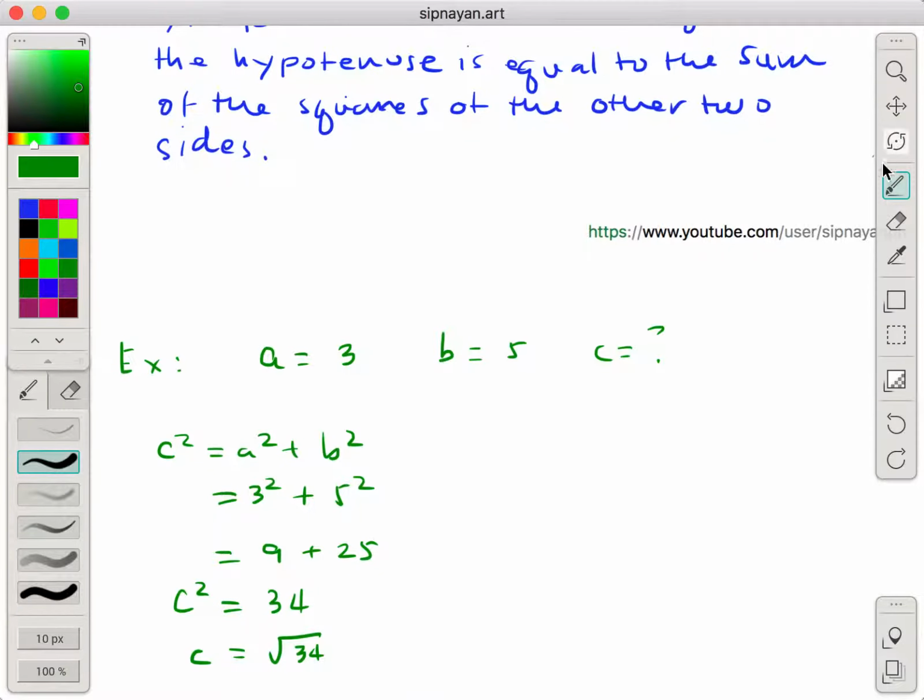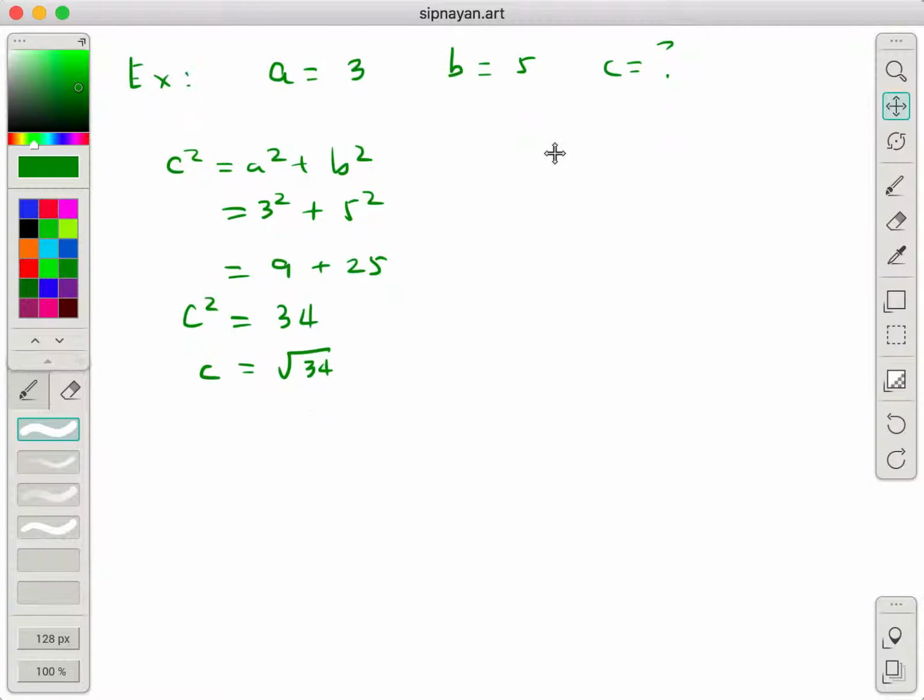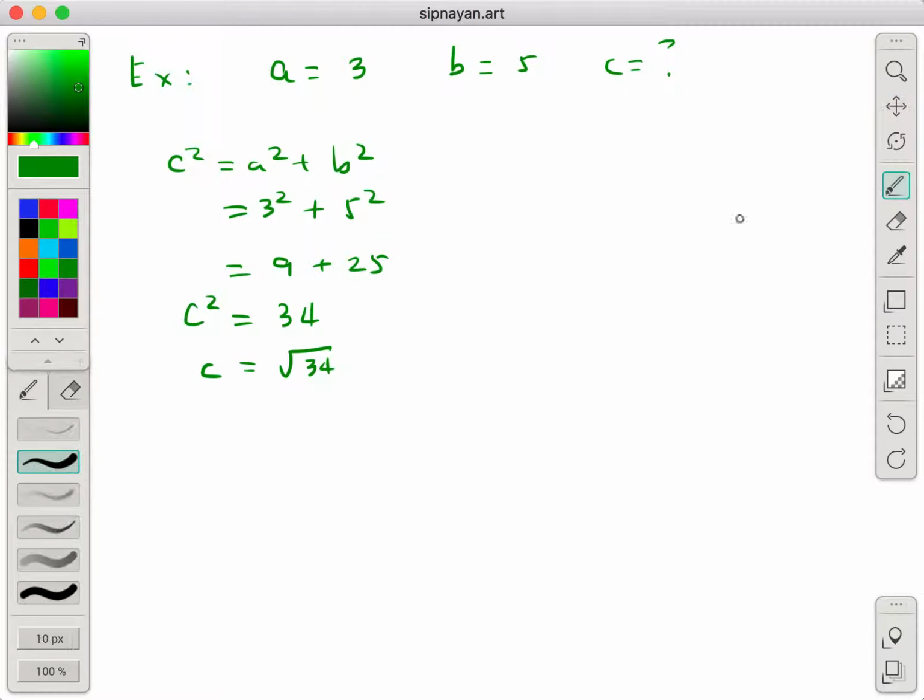Another example. So, palaging C yung unknown sa dalawang example natin. What about pag A naman yung unknown? A is unknown, then B equals 15, and C is 17. So, ganun, C squared equals A squared plus B squared.